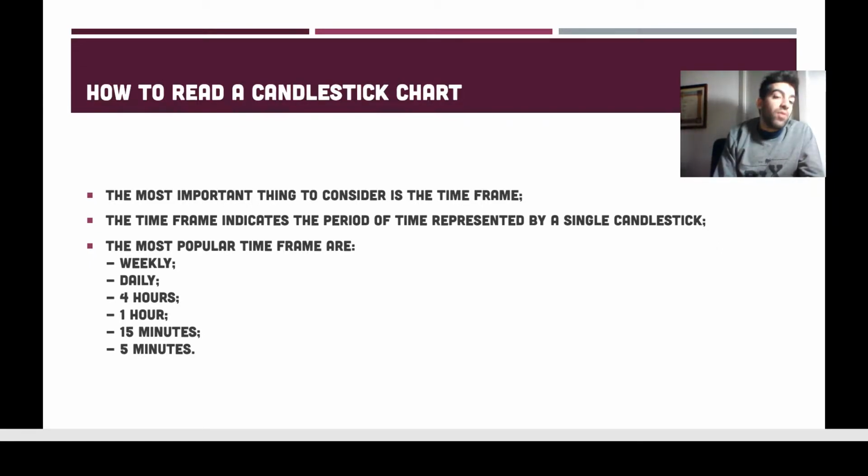So if we have, for example, a candlestick with a time frame of 1 hour, the candlestick represents and summarizes all the movement of the price within 1 hour. So if we want more details about the fluctuation of the prices inside one chart, we can reduce the time frame and have more detail about this.